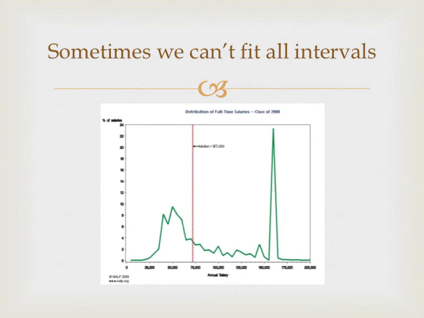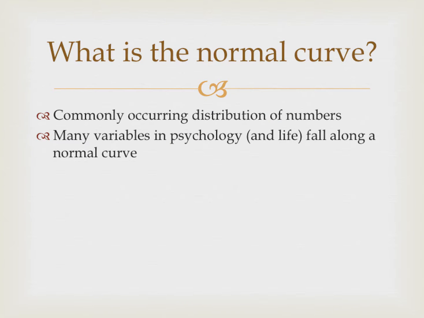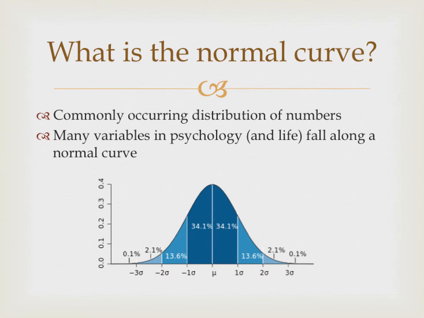So instead, sometimes what we'll do is we'll draw curves such as this one that will estimate what's going on. Or another way we can do that is by looking at things like normal curves. So a normal curve is just a commonly occurring distribution of numbers. And it turns out that many variables fall along a normal curve distribution.